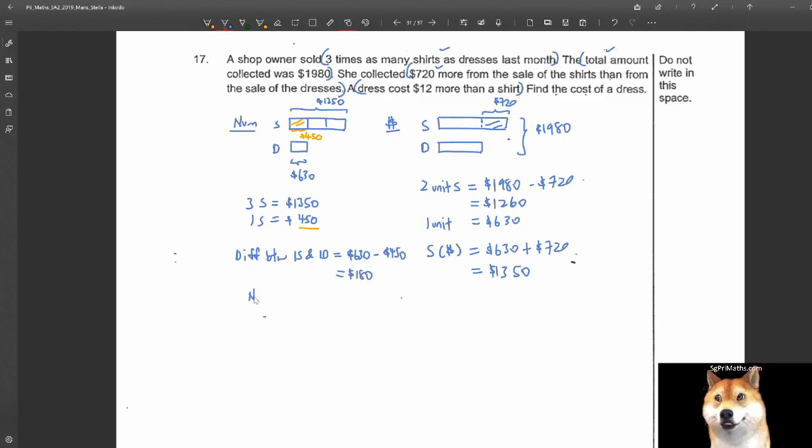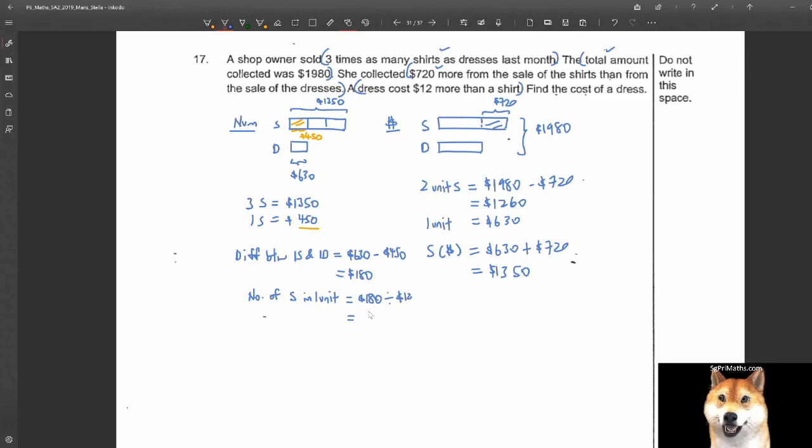So the number of shirts or dresses in one unit equals $180 divided by the money for one difference, $12.